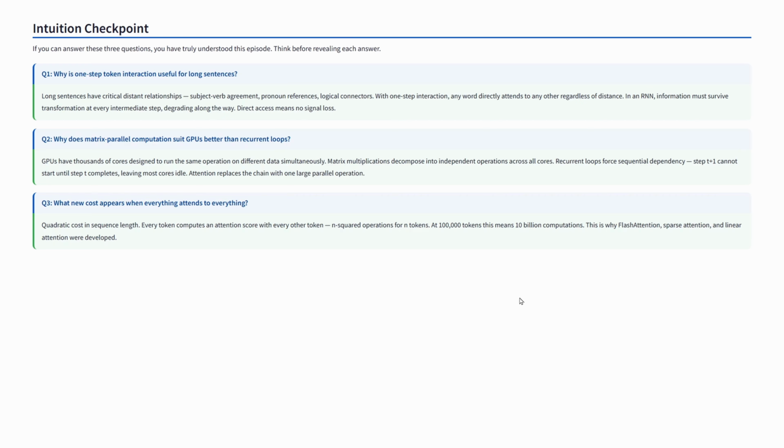At short lengths it's completely manageable, but for long documents with, let's suppose, 1 lakh tokens, you are looking at 10 billion attention computations. And that's exactly why techniques like FlashAttention, sparse attention, and linear attention were developed. The power comes with a price, and an entire subfield grew up to manage it. If you got all three, you genuinely understood the core ideas of this episode.